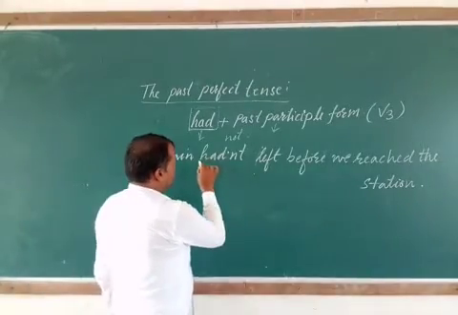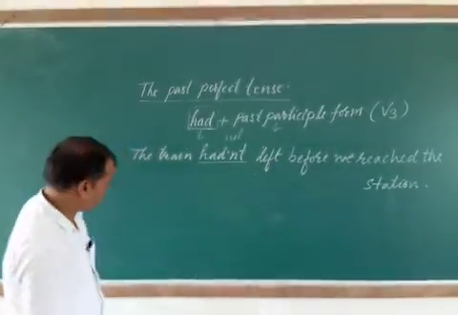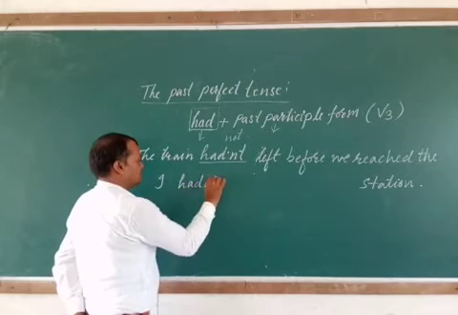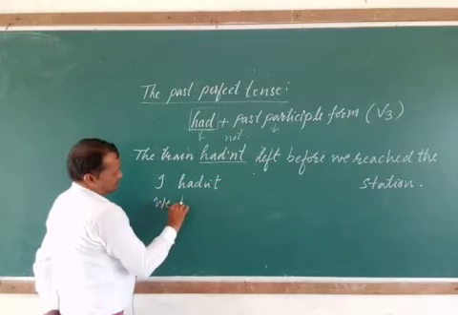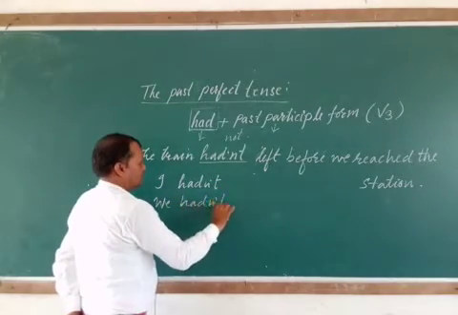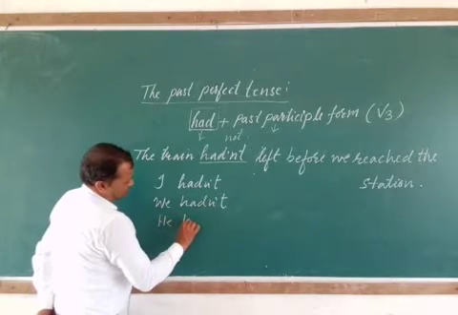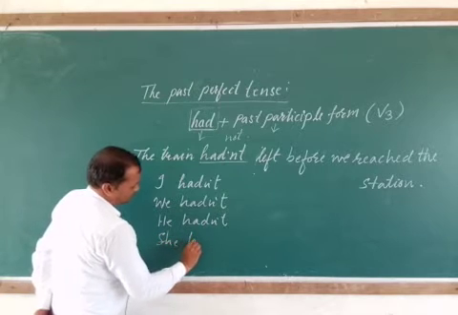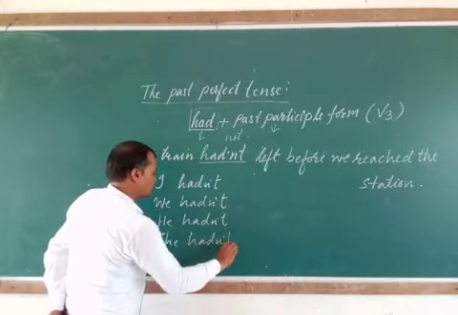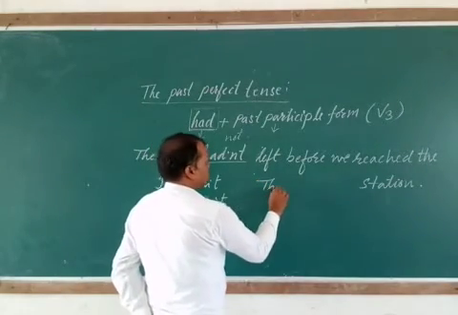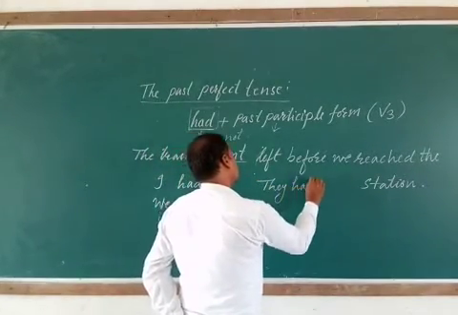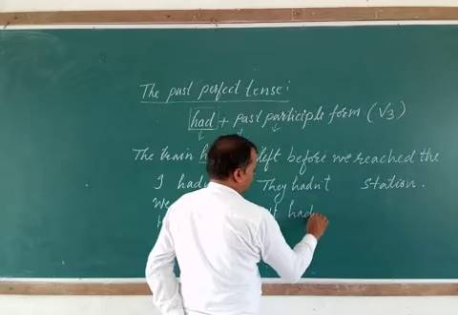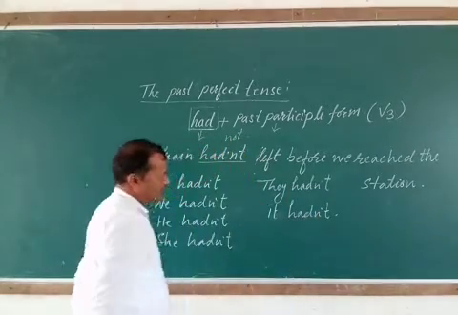So this is the contraction hadn't. Likewise we can contract other things: I hadn't, we hadn't, he hadn't, she hadn't, they hadn't, and it hadn't. It hadn't.